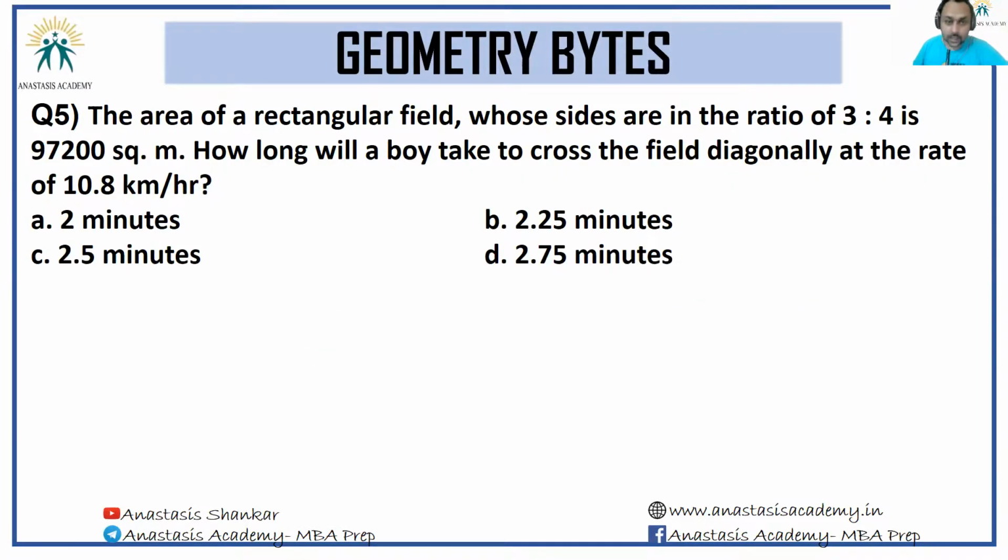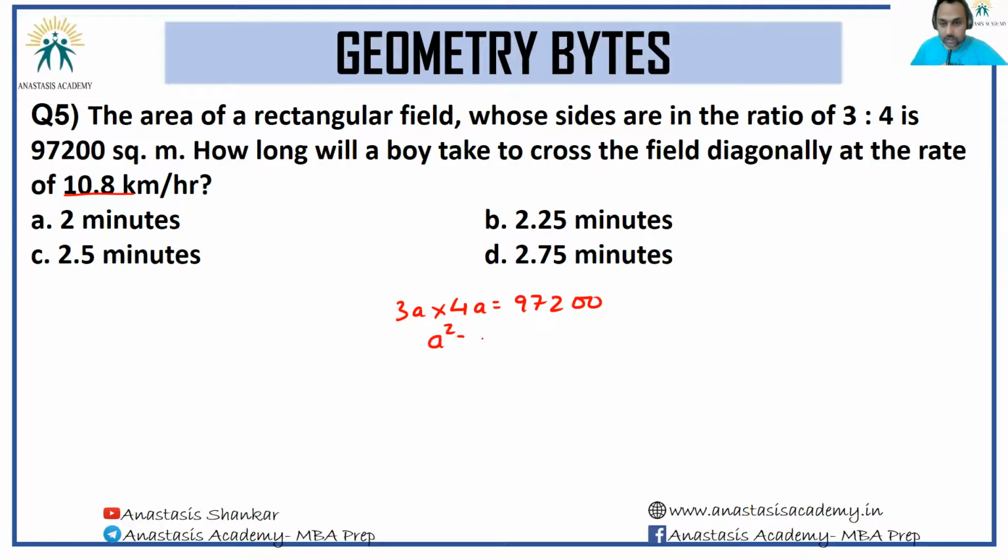Last question. The area of a rectangular field whose sides are in the ratio 3:4 is 97200 square meters. How long will a boy take to cross the field diagonally at the rate of 10.8 kilometer per hour? Okay. So 3a into 4a is equal to 97200.